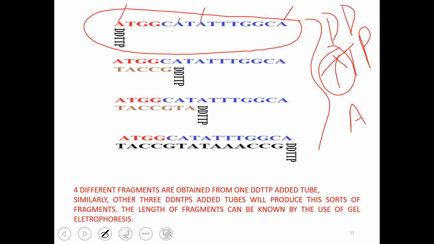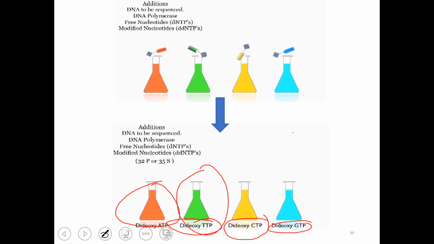First, DD-TTP will be attached to the adenine, so the reaction will halt and only one nucleotide will be added. In the second, what will be added is that the A has the complementary copy of the DD-TTP. So secondly, another fragment will be this, and the last fragment will be this. So in this way, if you consider the DD-TTP vessels, there can be 4 fragments.